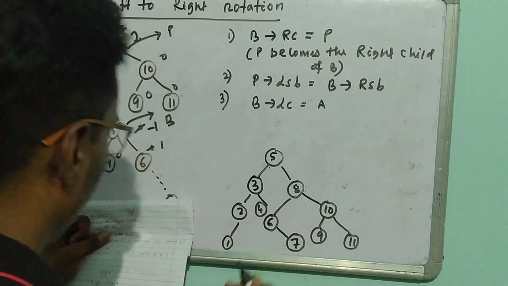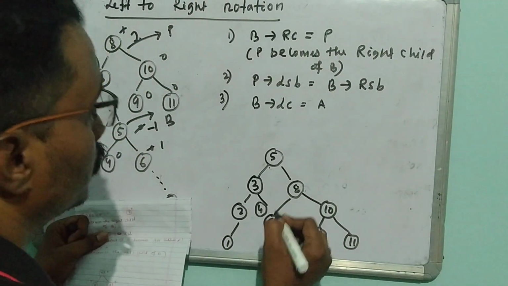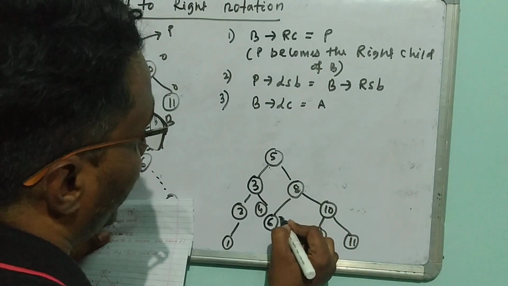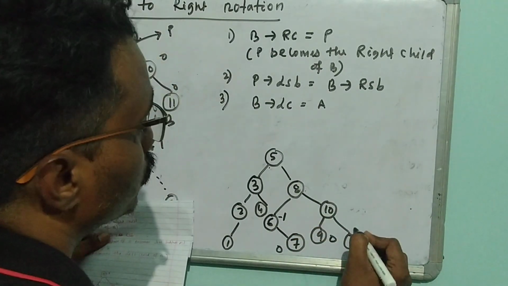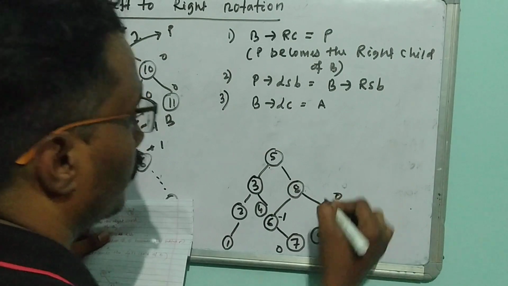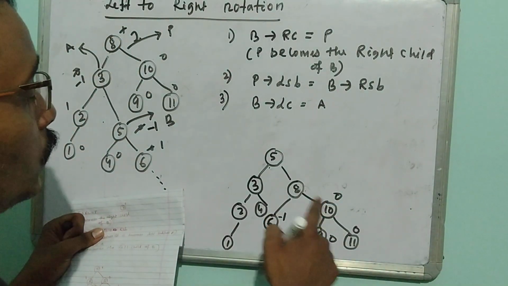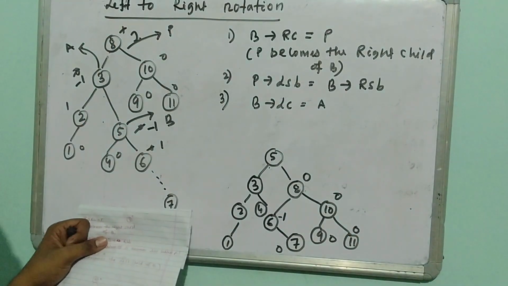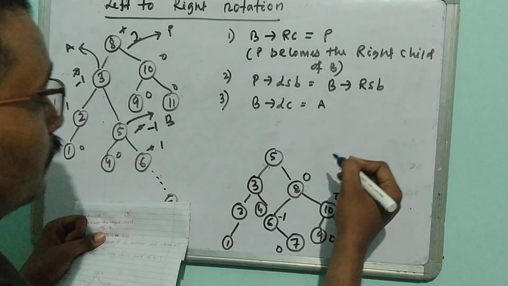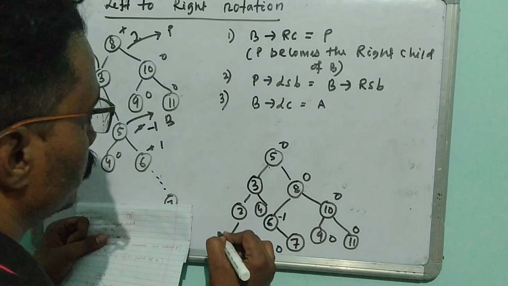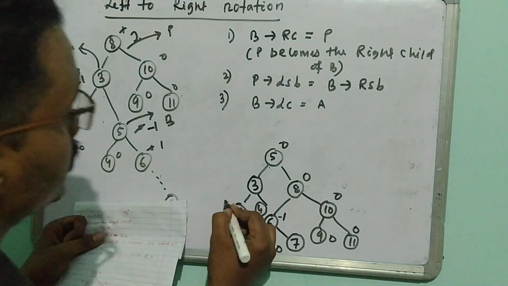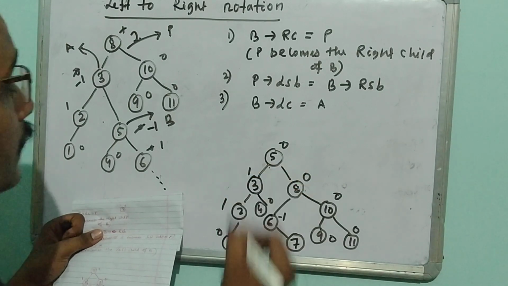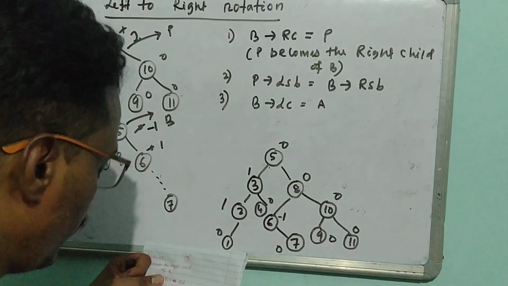So this is 0, this is obviously -1, this is 0, this is 0, left right is equal, 1 2 1 2, this becomes 0, 1 2 3 1 2 3, this becomes 0, this is 0, and this becomes 1, this is 0, this becomes 1. So this is also a balanced tree.